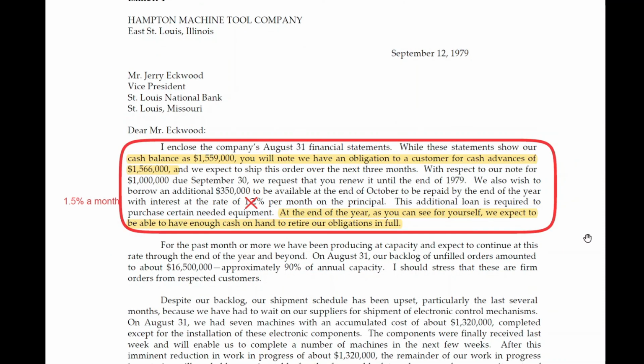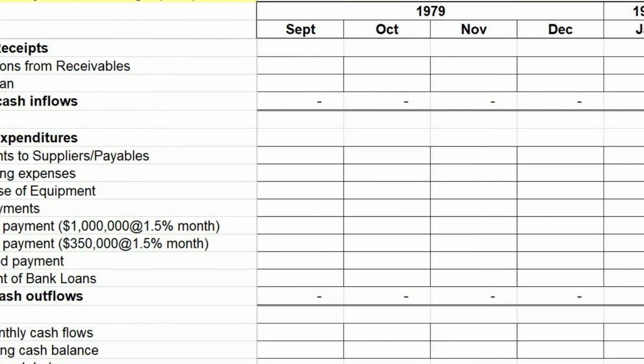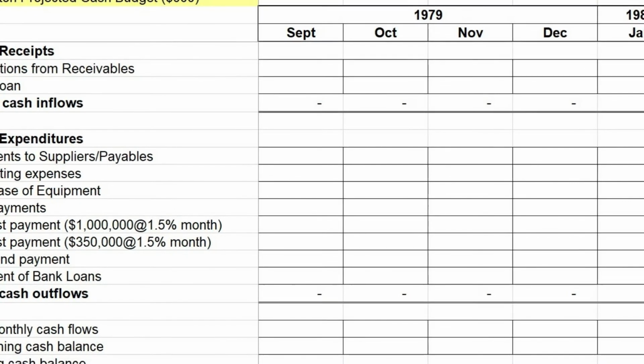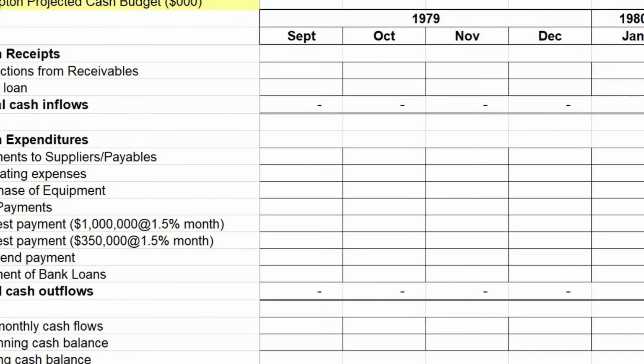Your assignment is to find out whether at the end of the year, Hampton will be able to pay back $1.35 million to a bank. This is a case template that you can use to find out whether Hampton would be able to pay back the bank $1.35 million at the end of 1979.